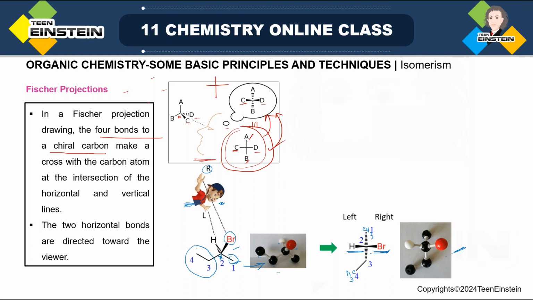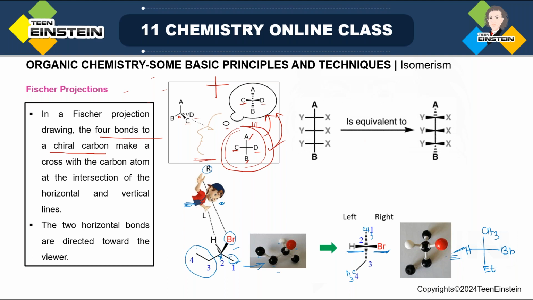So ultimately this wedge bond and dash bond, we will change it to simply straight line, normal. Okay. So same. So in this molecule you just have only one chiral center, but see, you can also have these for more than one chiral center.